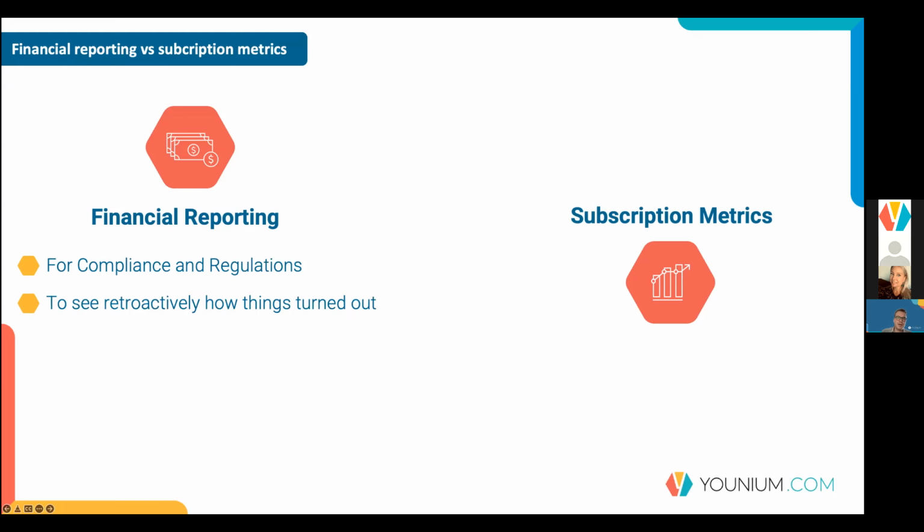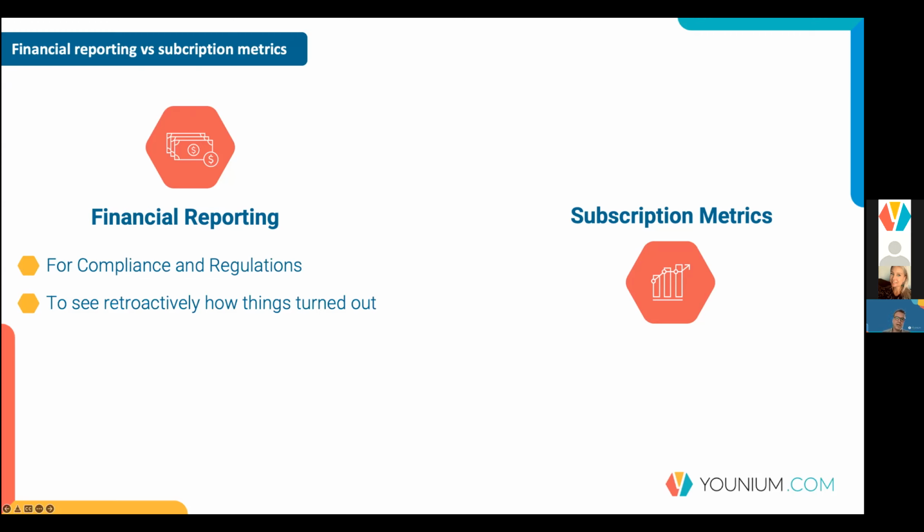Right? And financial reporting gives us a retroactive view on how things turned out, right? So up until this point, how do our books look? What have we booked in our general ledger in terms of revenue and so forth?